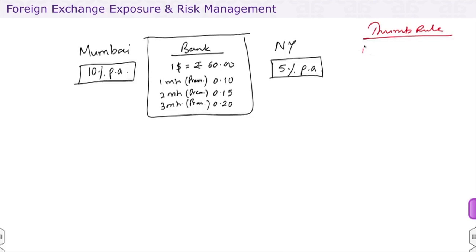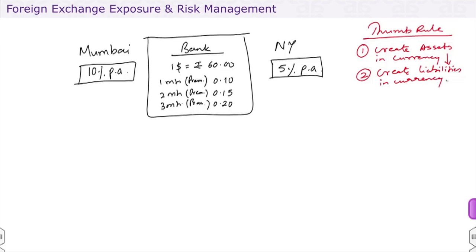So the thumb rule is, number 1, create assets in currency which is going to go down, and create liabilities in currency which is going to go up.